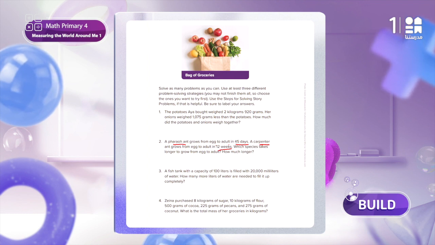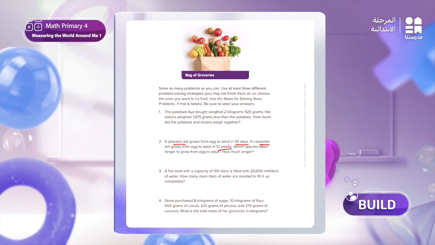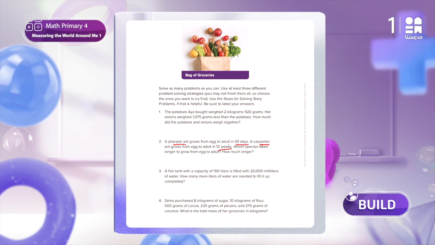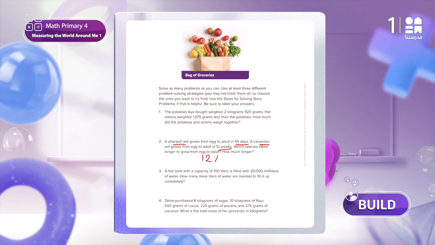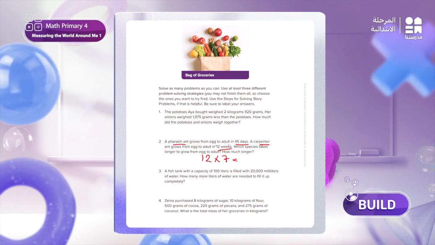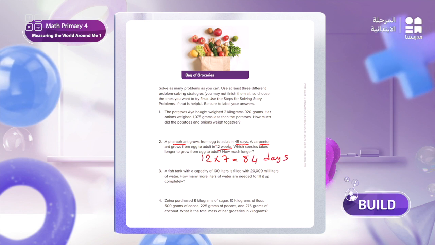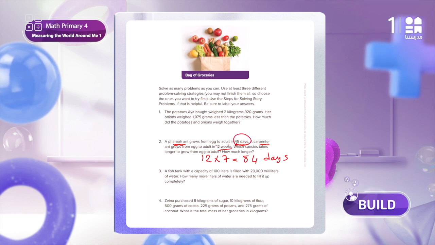Yes, as you have learned in lesson 5, to make them the same before we compare them. يبقى هخلي الـ 12 weeks دول أعرف فيهم كام days. مش الويك فيه 7 days؟ يبقى 12 weeks times 7 days equals what? Yes, 12 times 7 equals 84. 84 days. يبقى دلوقتي أنا عرفت ان الفارو انت بتاخد 45 days والكاربنتر انت بتاخد 84 days.